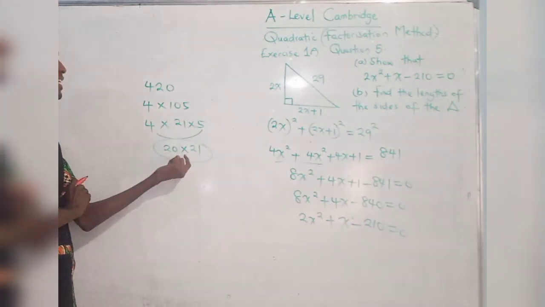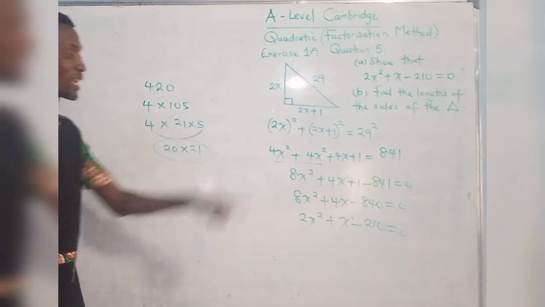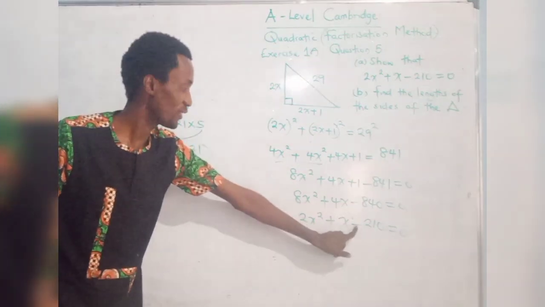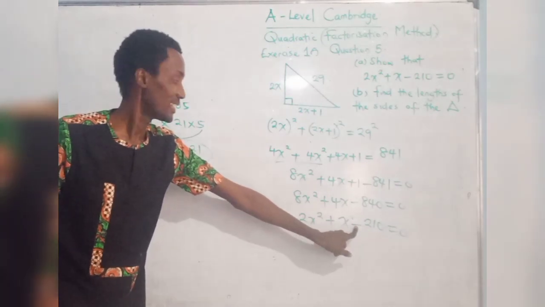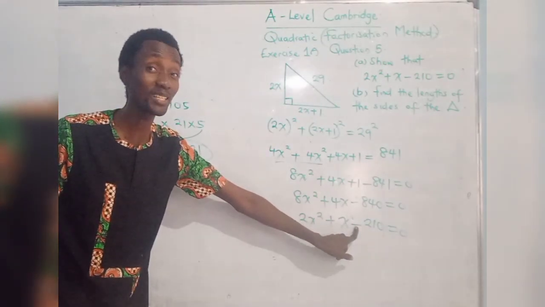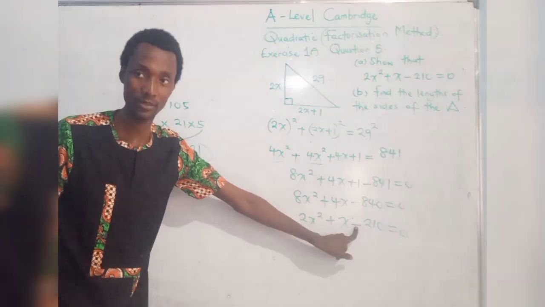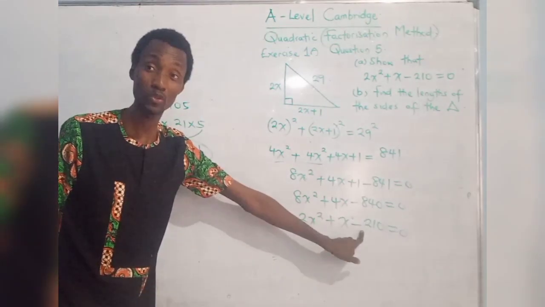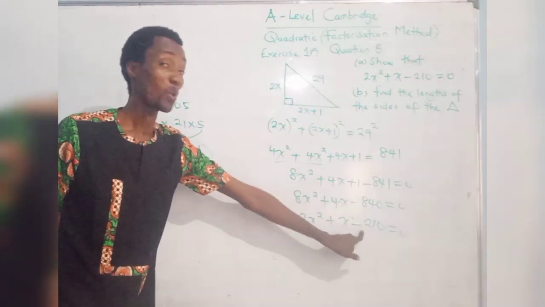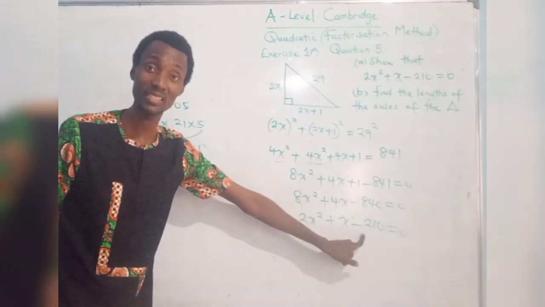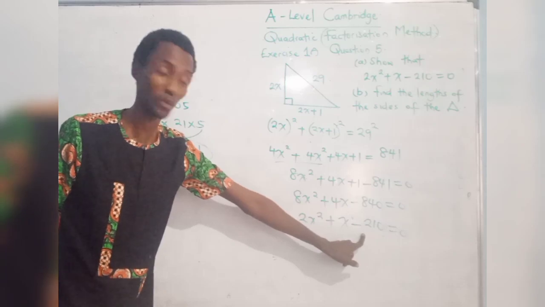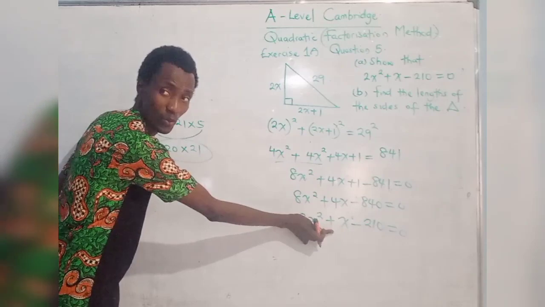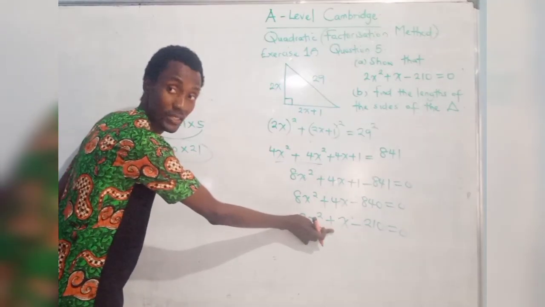Because if I multiply them, I'll get 420. And remember, anytime you see a negative here, it implies that one is positive and the other is negative. Anytime you see a negative product position, it means that one of the factors you're working with is negative and one is positive. So the next thing you check: this is positive.